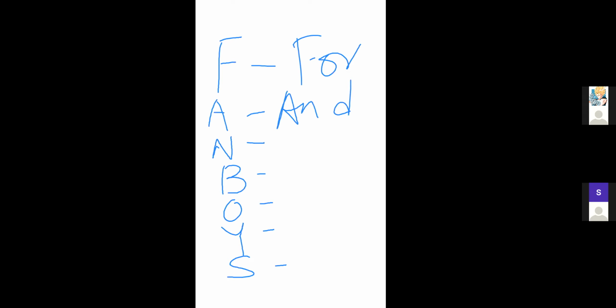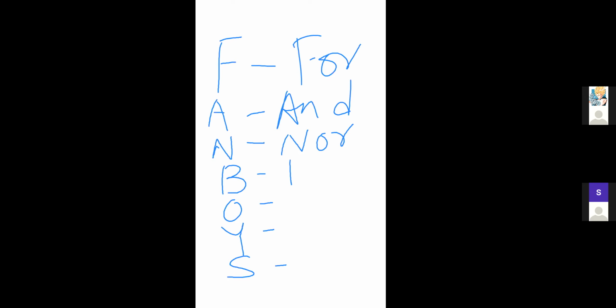Many of you might be aware. So what is this? This is called an acronym. So what does F stand for? For. Correct. And then A. And. Then N is nor.